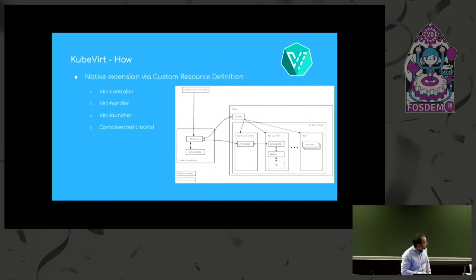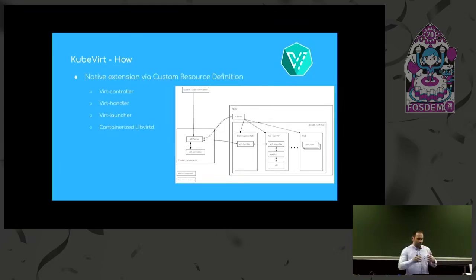How is KubeVirt implemented? Just very briefly, there are other talks focused on that. KubeVirt is based on a common mechanism for extending Kubernetes, which is called custom resources or custom resource definitions.